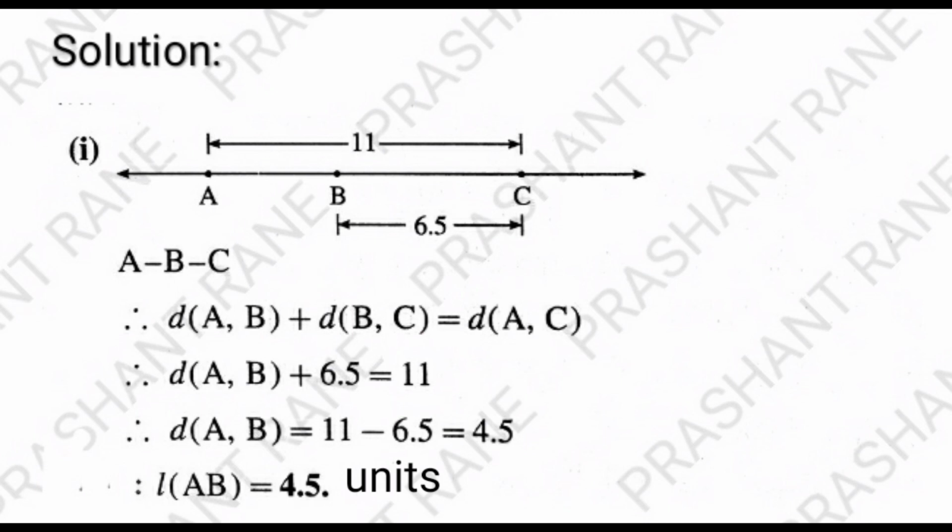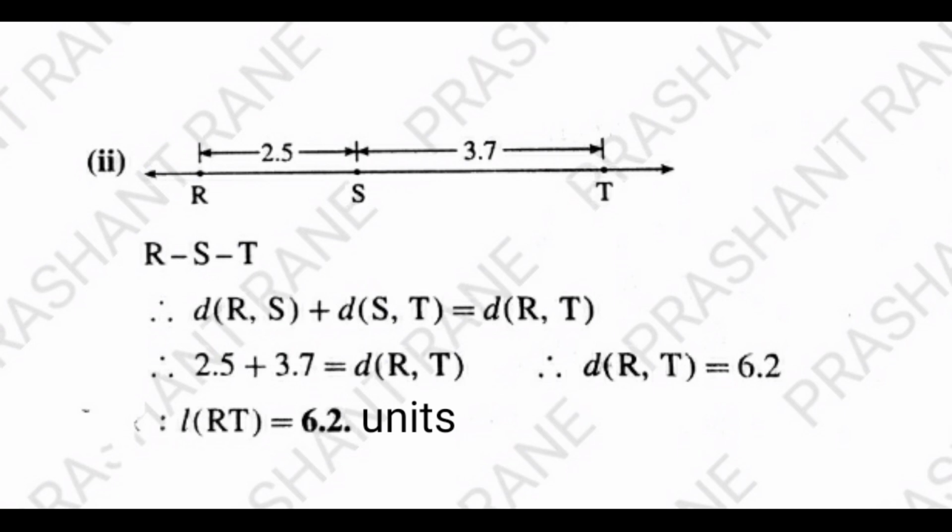Distance AB plus 6.5 is equal to 11. So distance AB is equal to 11 minus 6.5, and therefore length AB, that is distance AB, is equal to 4.5.